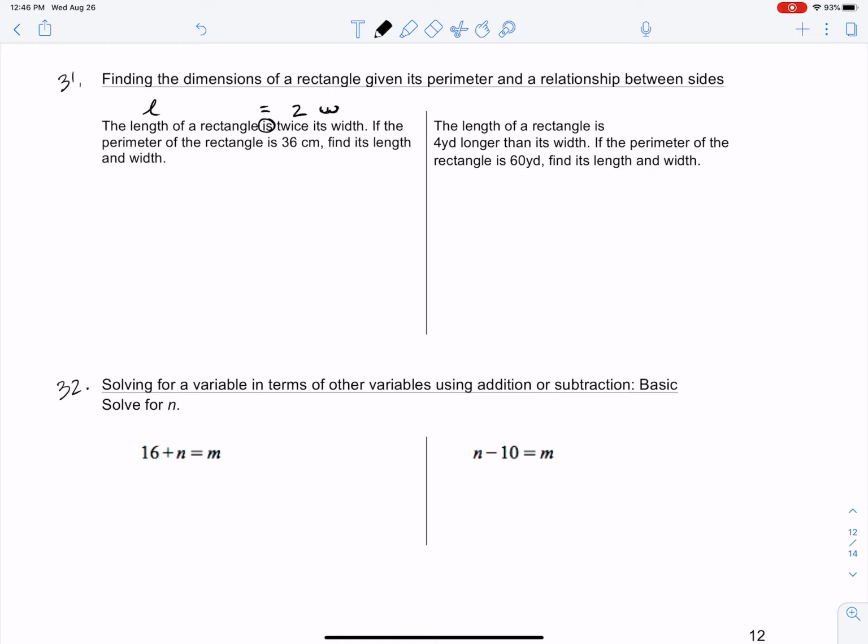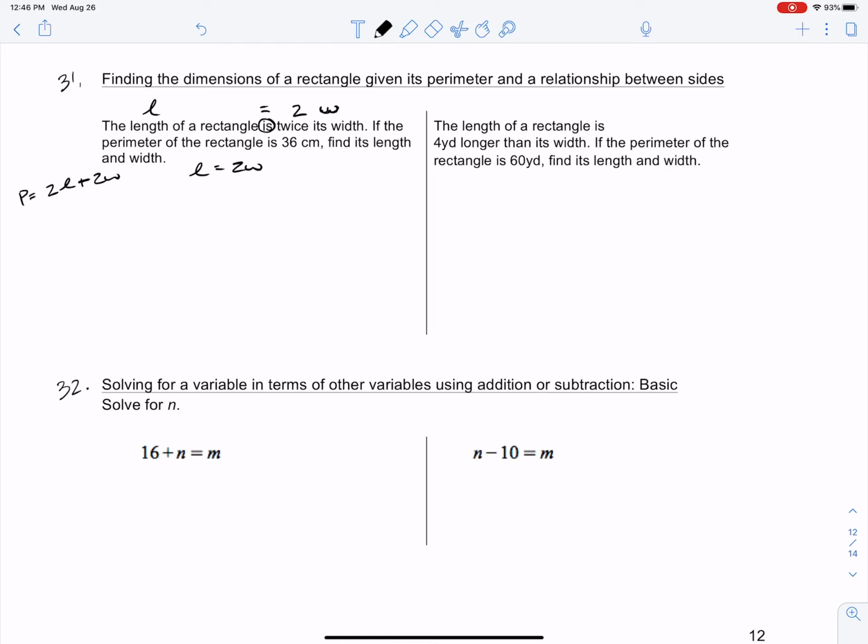Well, I have an equation here now. My length is 2W. If the perimeter of a rectangle, now we should reach back. What is the equation for the perimeter of a rectangle? We just did it before. You have 2 length plus 2W, or 2W plus 2L, same thing.